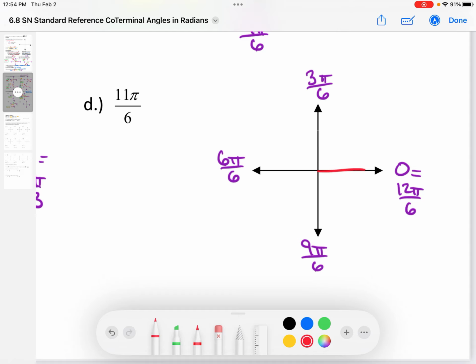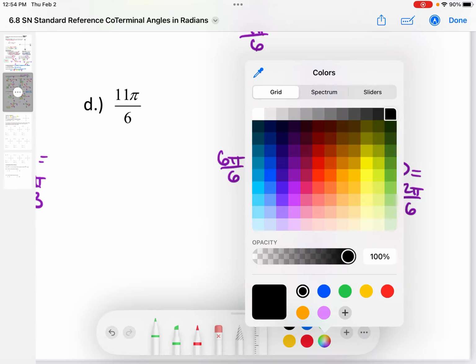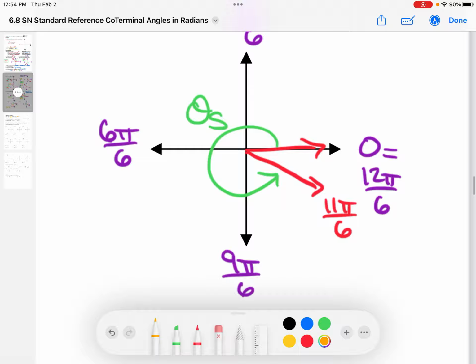Okay. Our angle will start at 0, and we'll rotate around. 11 pi over 6 will be between 9 pi over 6 and 12 pi over 6. It'll be closer to the 12 than the 9. So 11 pi over 6 is here. That standard angle wraps all the way around, but our reference angle only goes to the x-axis.